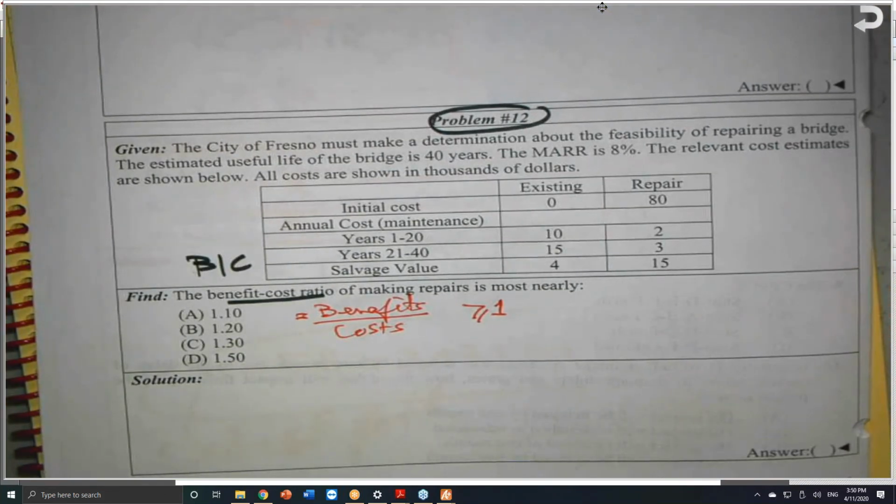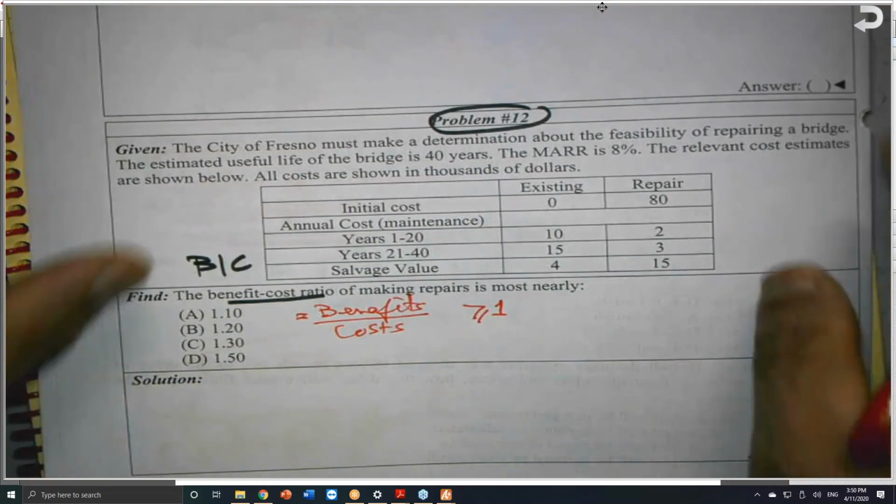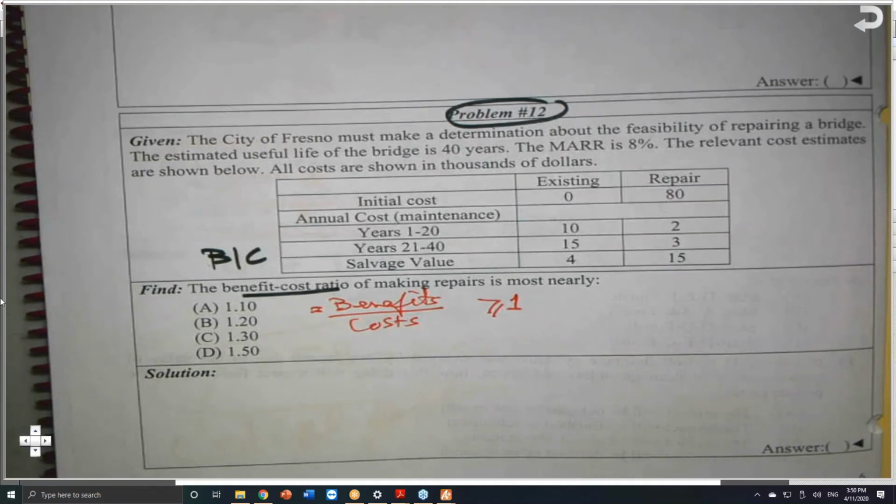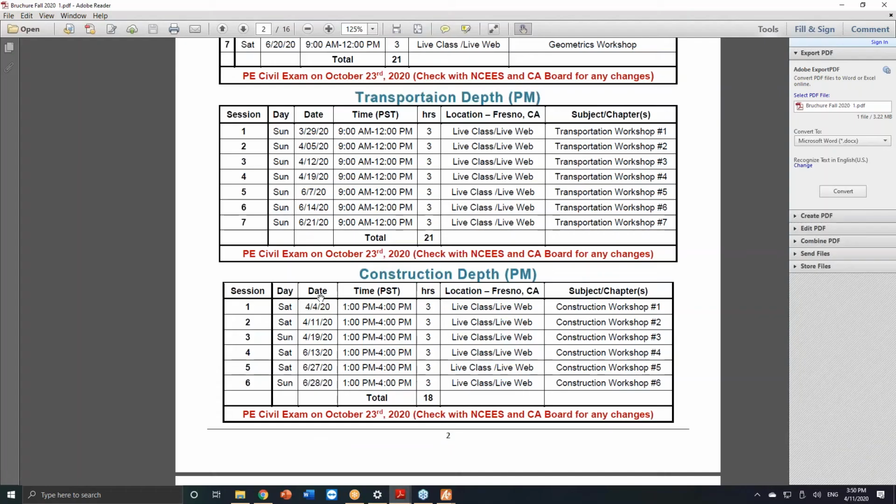Let us go over this problem, and I'm sure that you are going to come and ask me tons of questions. Okay? And I will do my best. As I told you, I'm short of one period with you guys, but I will do my best, because I'm jumping. So I have 419 for construction, coming Sunday, and 419 for transportation.